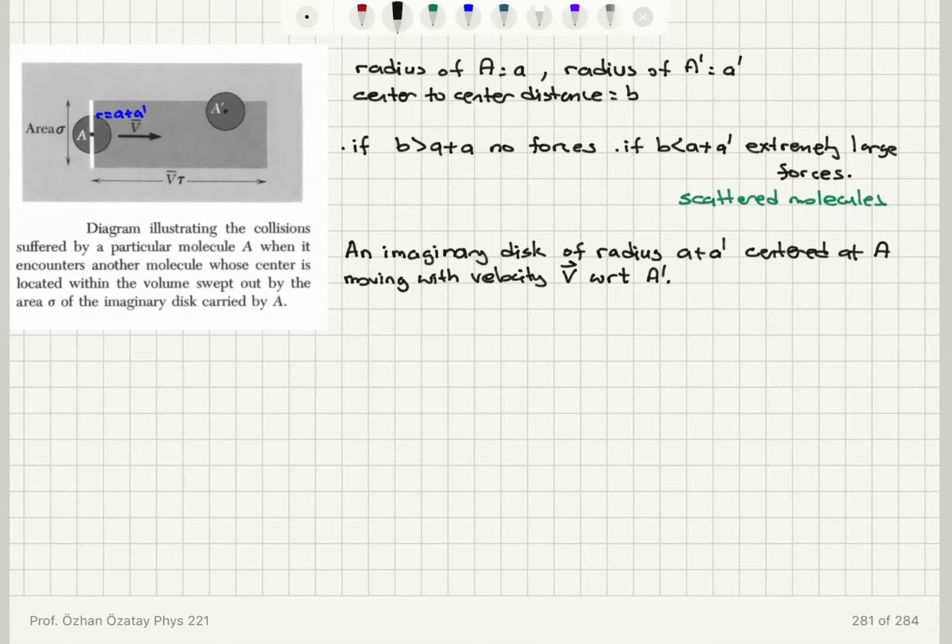So capital V is the relative velocity of this imaginary disk.